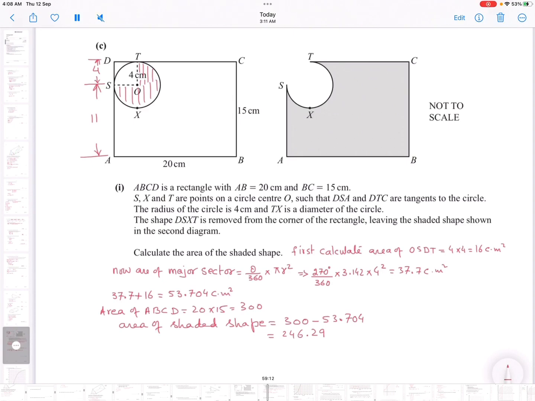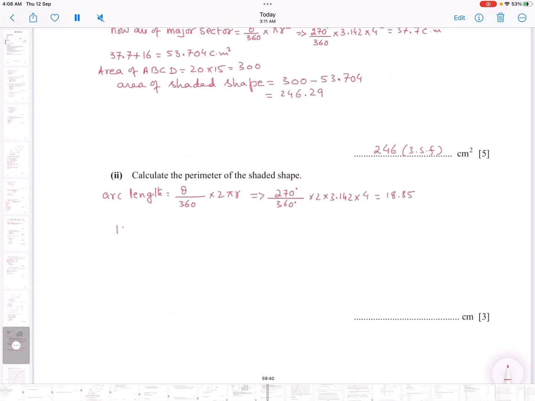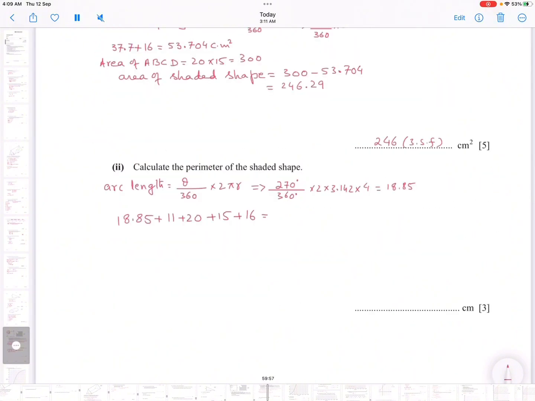AB is 20, BC is 15, and CT is 20 minus 4. Look, TD is 4, CD is 20, so 20 minus 4 is 16. Now you have all the values, you add them and you will get the perimeter. 18.85 plus 11 plus 20 plus 15 plus 16, and that is equal to 80.85. This is your answer.